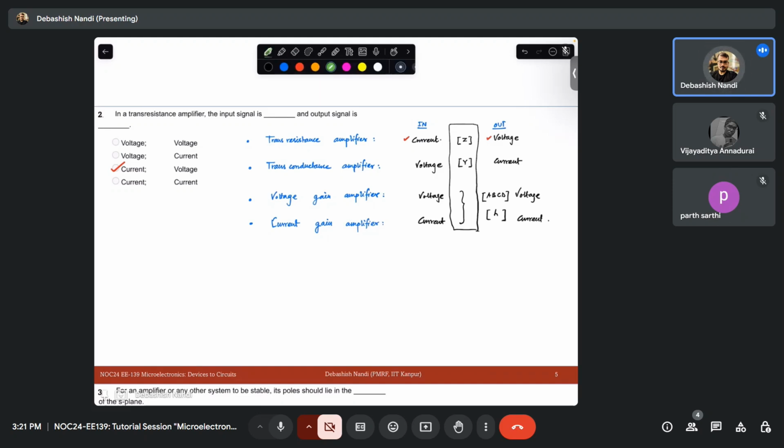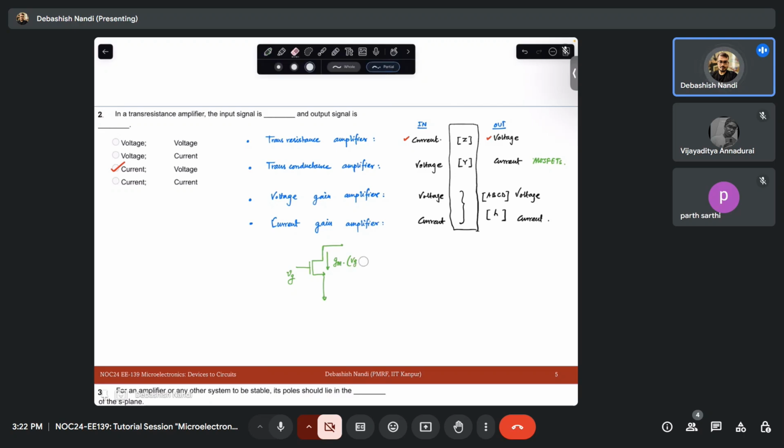The transconductance amplifier, basically we have seen MOSFETs, right? Because what is the input? Input is your VG, let's say. And what is the output? The output is GM times (VG minus VS).